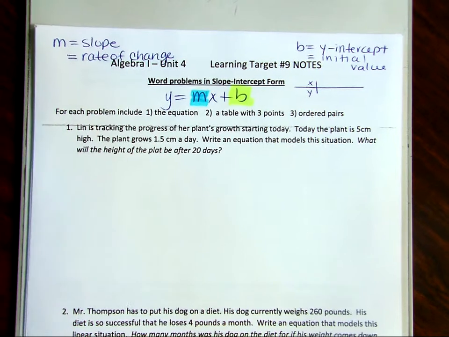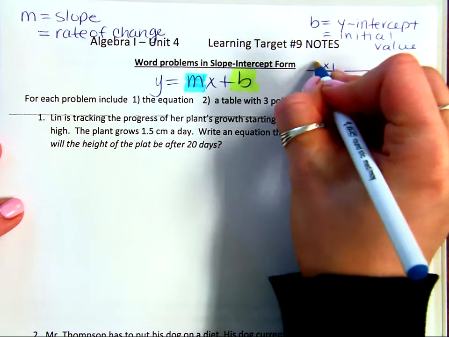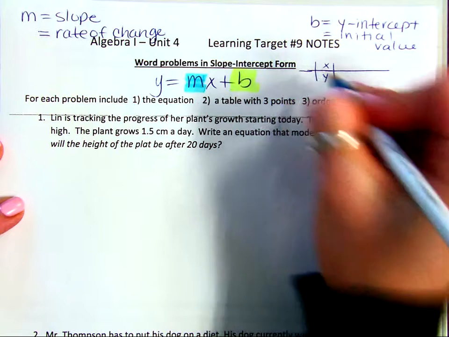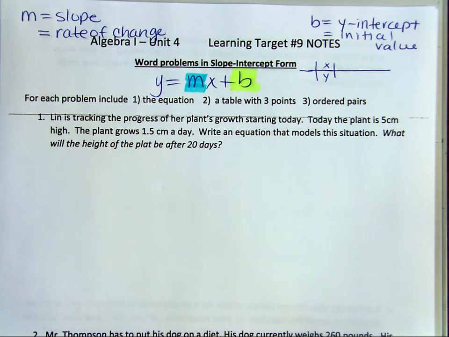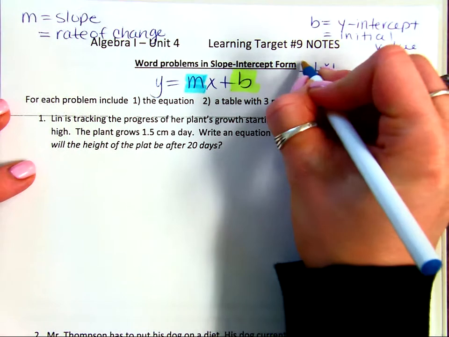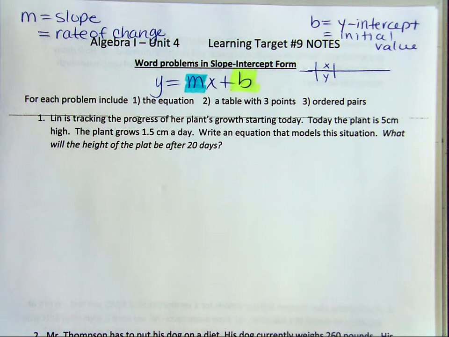We're going to create a little mini table, but we're going to put two columns to the left of the x and the y because I want to know what x stands for in that Planet Fitness example. X is always your independent variable, but it's almost always your unit of time. So if I give you a story problem about how many months, days, years, or weeks, that's going to be your x.